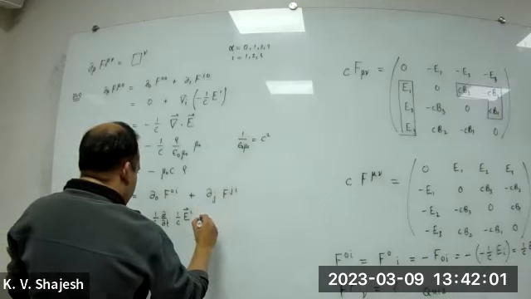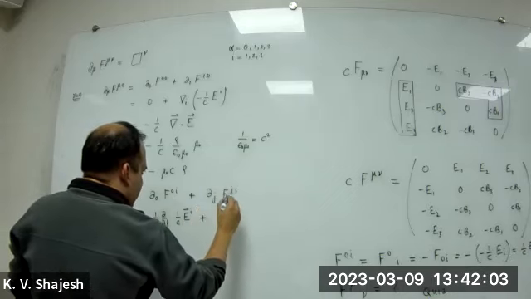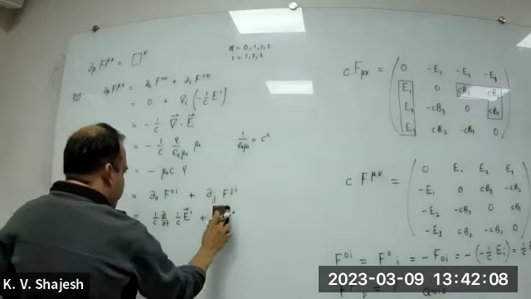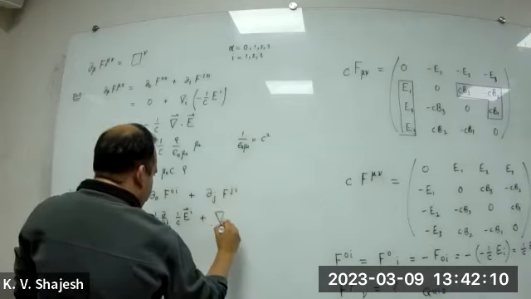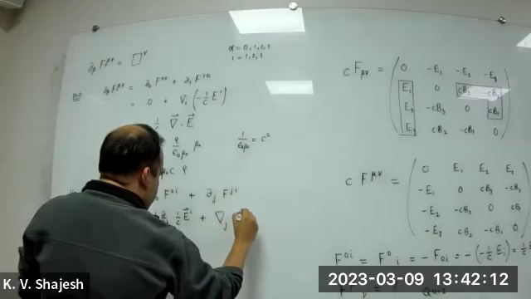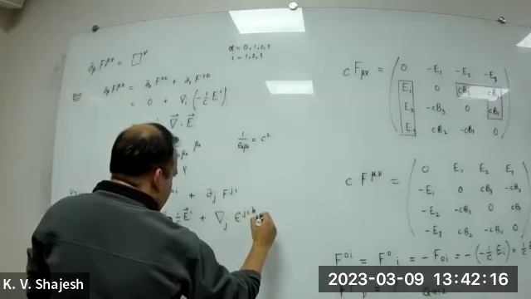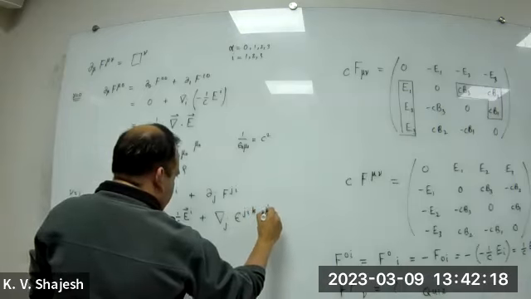And this one is plus the gradient j, epsilon j i k and dk.